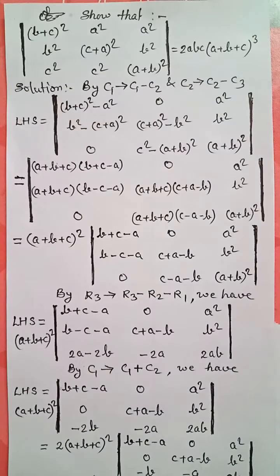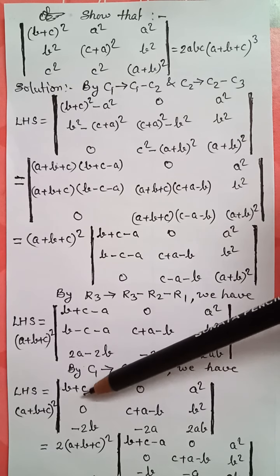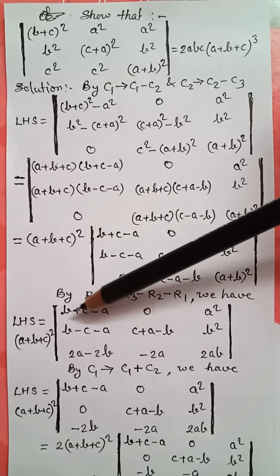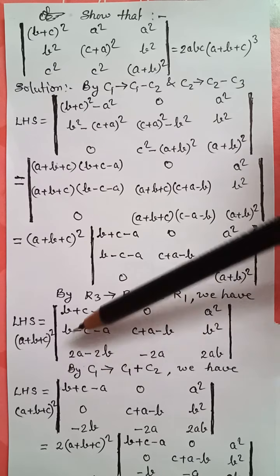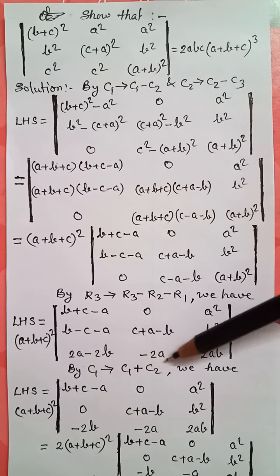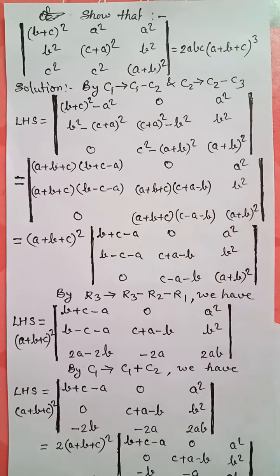Column 1 is changing by C1 plus C2. That means this plus this. Here this plus this. So this plus this is this. This plus this is 0. This plus this, minus 2A gets cancelled, minus 2. And the two columns, that is column 2 and column 3, will remain the same.